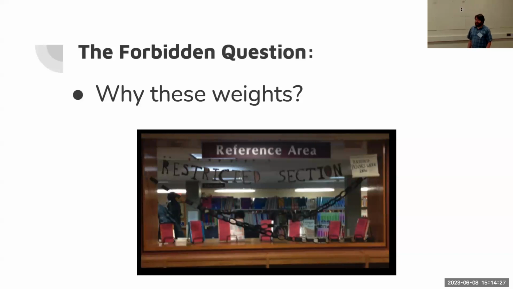One question that several people were kind of beating around the bush was a forbidden question in neural networks. And that forbidden question is, why these weights? And no, you can't get around it by rephrasing it. We don't actually know why those weights are optimal.